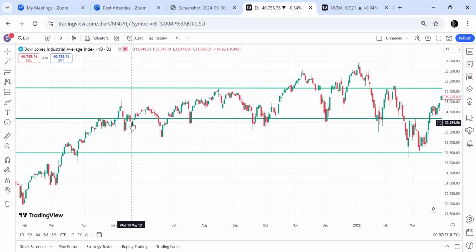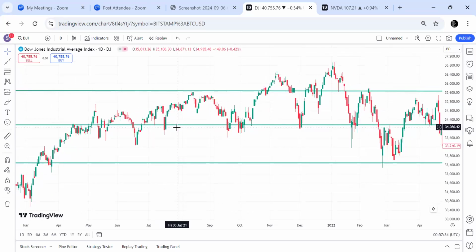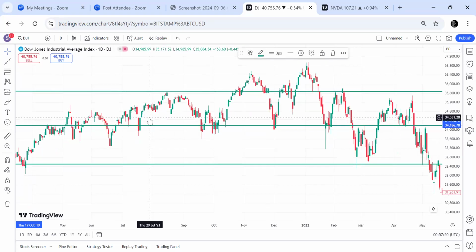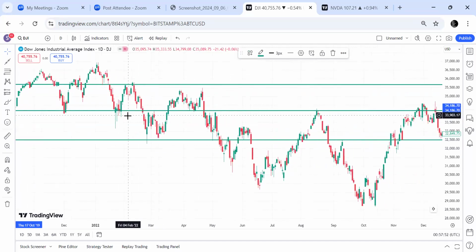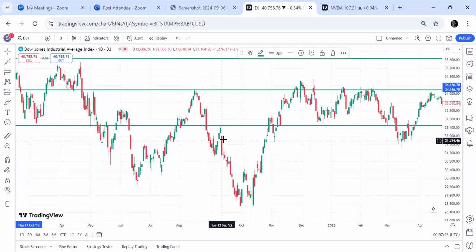And yeah, this is the first dark cloud cover, as you can see, on 7th July 2021. Again, it doesn't form near the resistance level. That's why we don't really give that much importance.